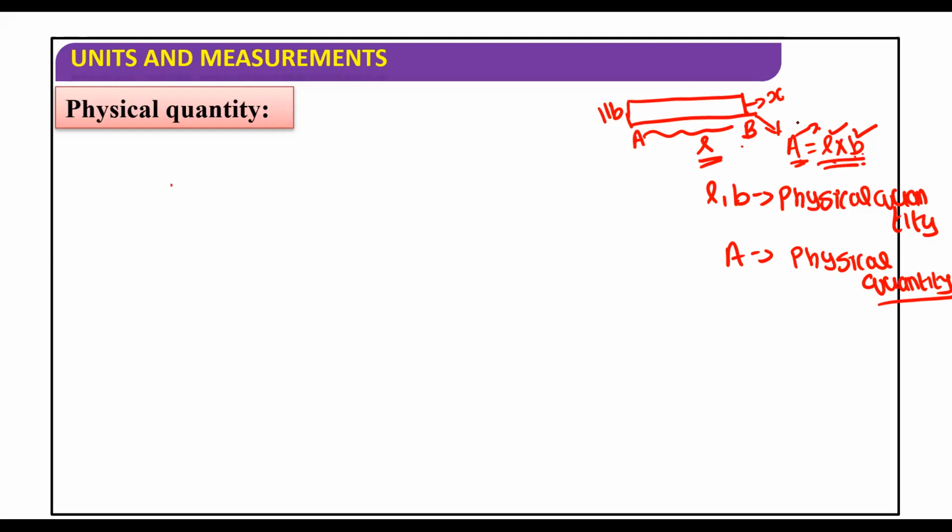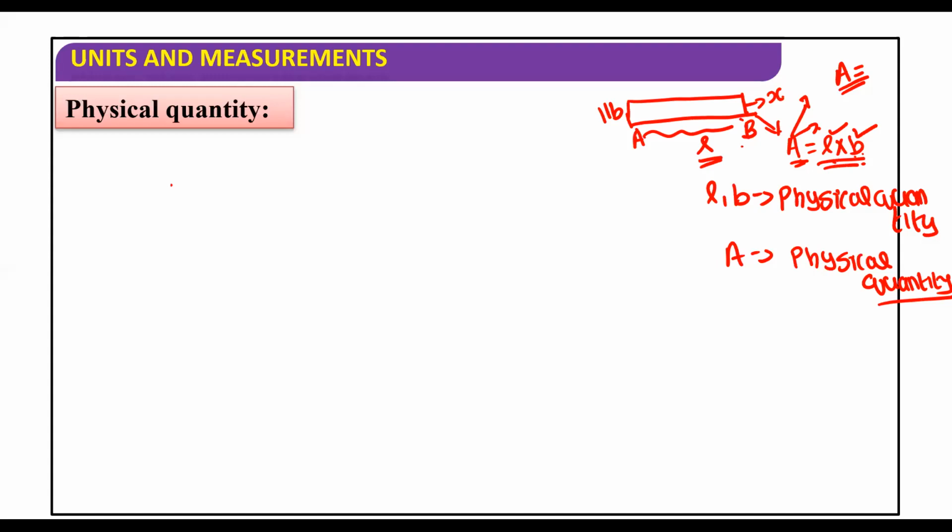I want you to understand another thing: here the physical quantity area was not directly measurable. Suppose you cannot measure this length, or you don't know the length of this line AB, then you will not be able to calculate the area because one piece of data is missing.